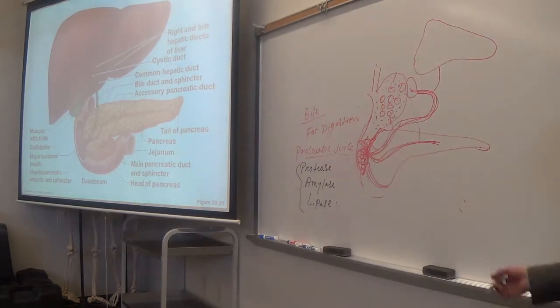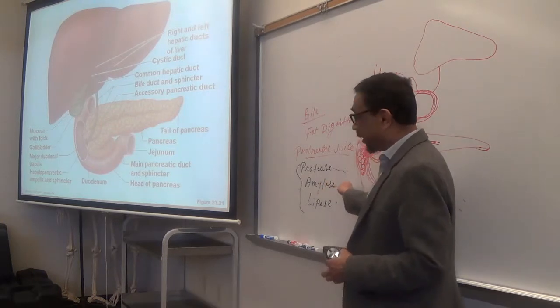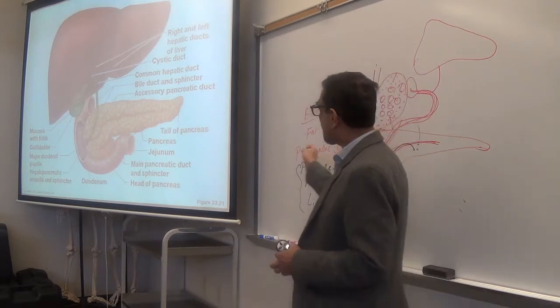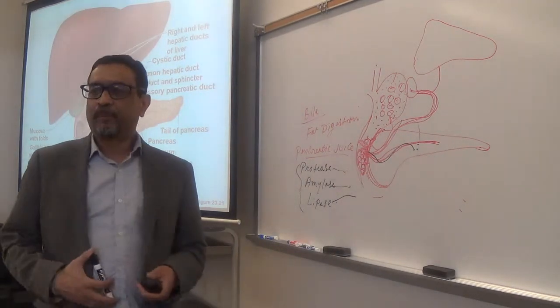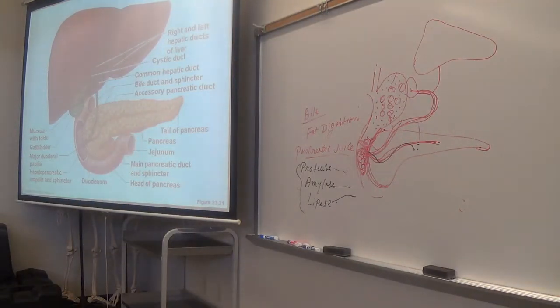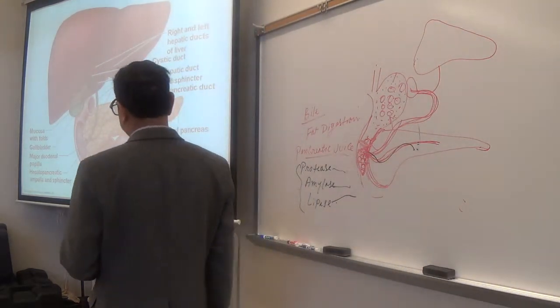So, protein digestion, carbohydrate, and fat. So, the pancreas is very important. Make sense? Pancreatic juice is very important. It has protease, amylase, lipase.